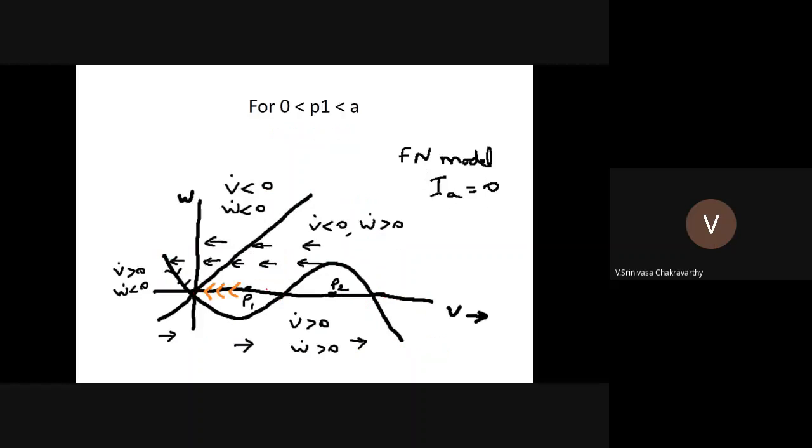So in fact, we can easily visualize what this motion will be like as a function of time. So if you look at this and show voltage as a function of time, this is A and this is 1. If I start from some value less than A, I'm just going towards 0. So your variation will be like that.